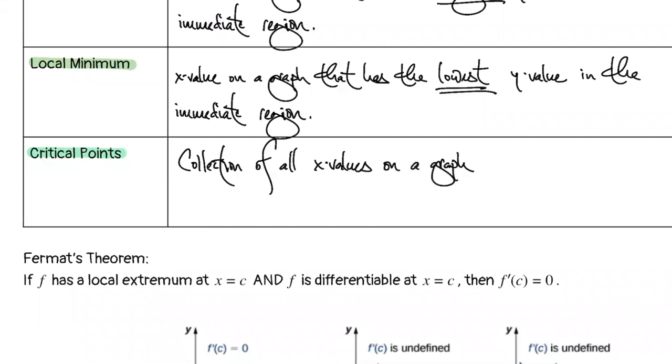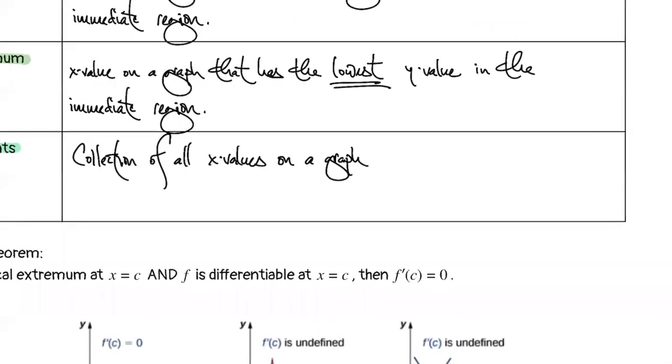All right, so it's a collection of all x values on the graph where two things are true. Right. The first thing that is true is that f prime of x equals 0.